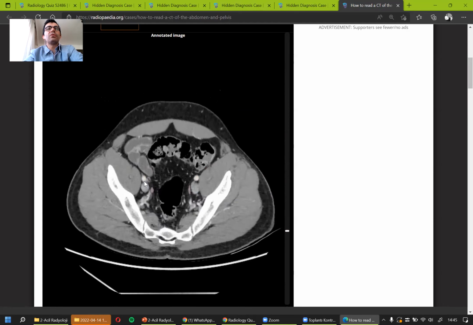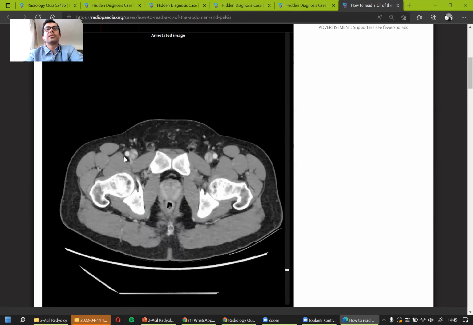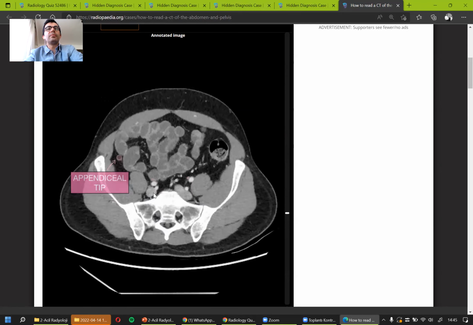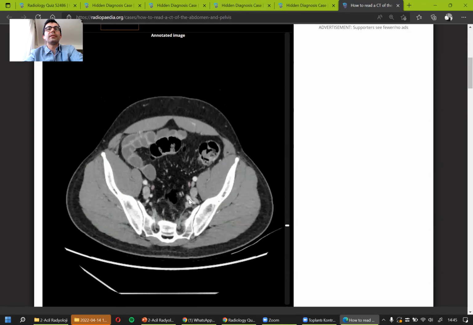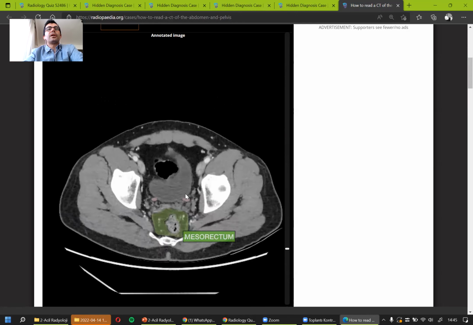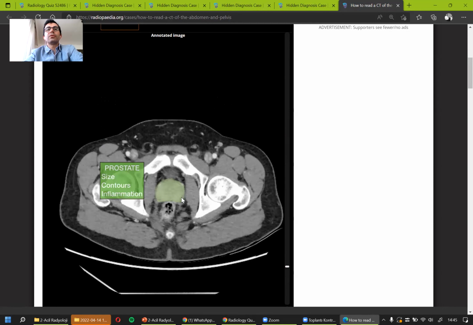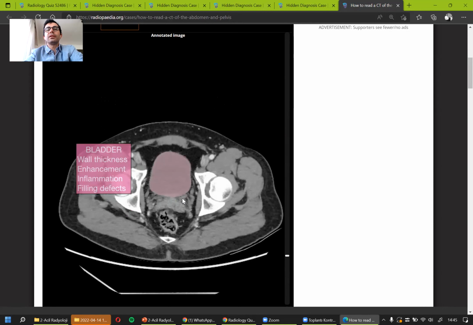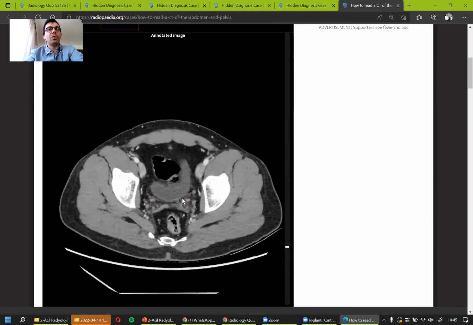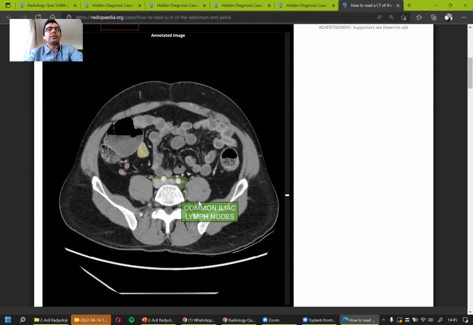The iliac vessels go down all the way to form the femoral veins. Also, they give a branch to supply the pelvic organs with the internal iliacs. On the lower part, I'm seeing the bladder. On a male patient, I'm seeing the prostate. On a female patient, I'm seeing the uterus and the ovaries.